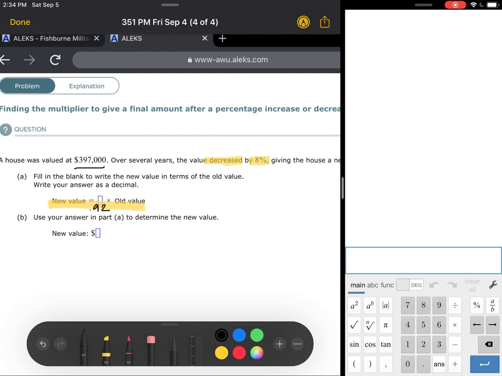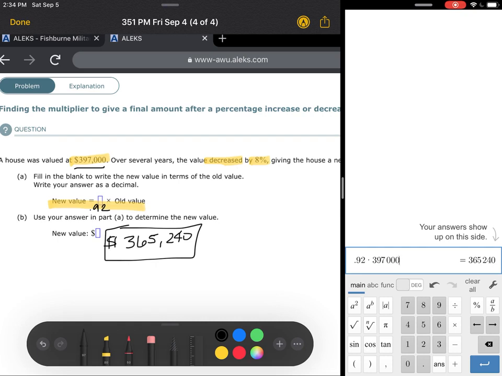Anyway, so here we go. 0.92 times the old value. So again, that's the old value, 397,000. Okay, and it gives you the new value. So that is 365,240 dollars.